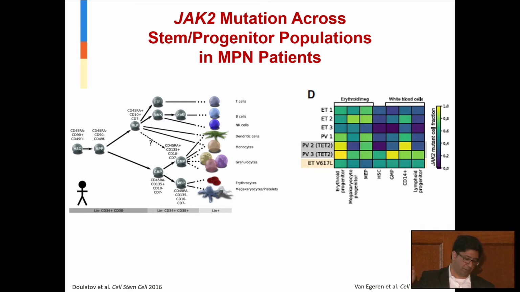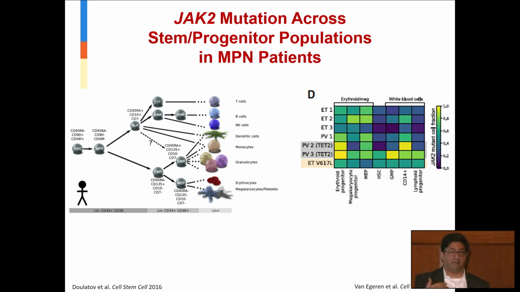And what the coloring is showing you is how prevalent the JAK mutation is. So closer to yellow is more high, and the darker colors are lower. And if you just appreciate in the columns, there are differences, meaning that the prevalence of the JAK mutation differs not only amongst patients, but actually within the hierarchy of the cells being produced, right?